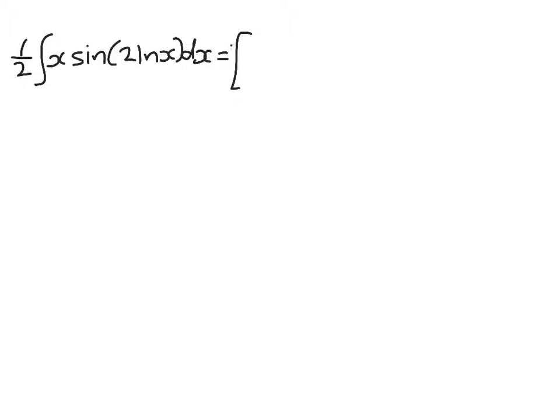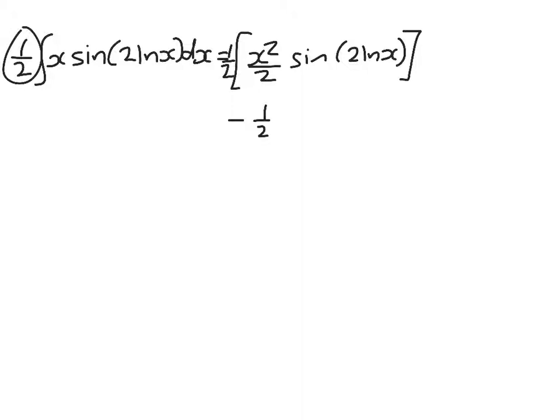Okay, let's have a look at how this goes. So we've got 1/2 times the integral of x sine of 2 ln x dx. We're going to do integration by parts. So it's going to be 1/2 times x squared on 2, and then we leave the next thing alone. So it's that minus 1/2 again, because of this.